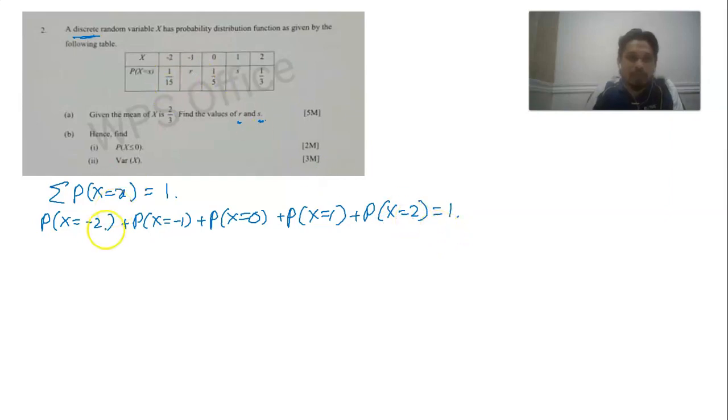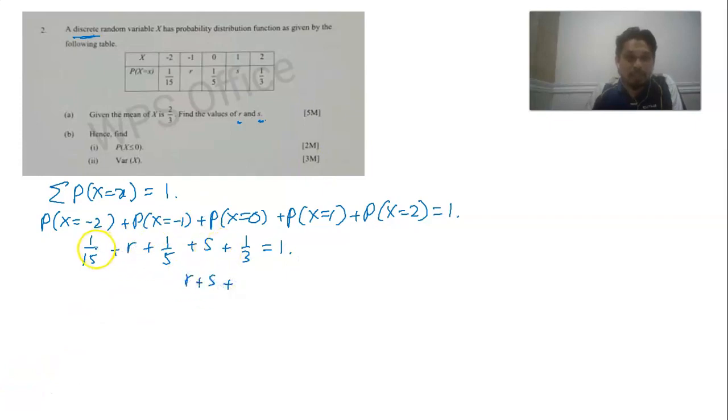Okay, one by one here, 1 over 15 plus r plus 1 over 5 plus s plus 1 over 3 equal to 1.